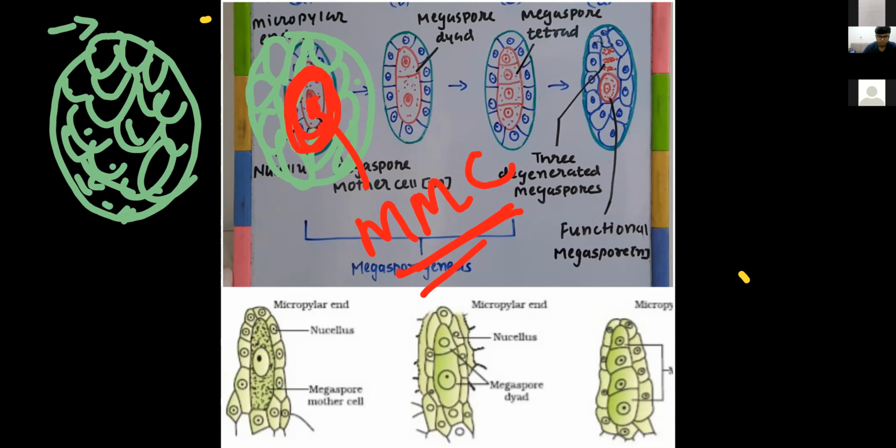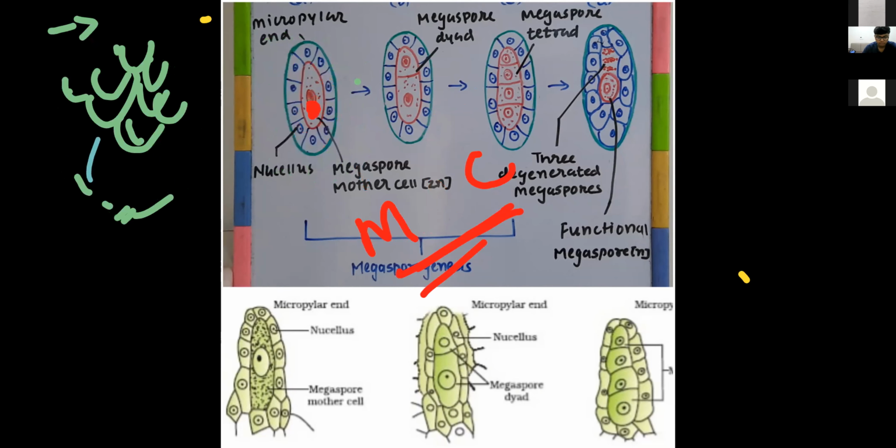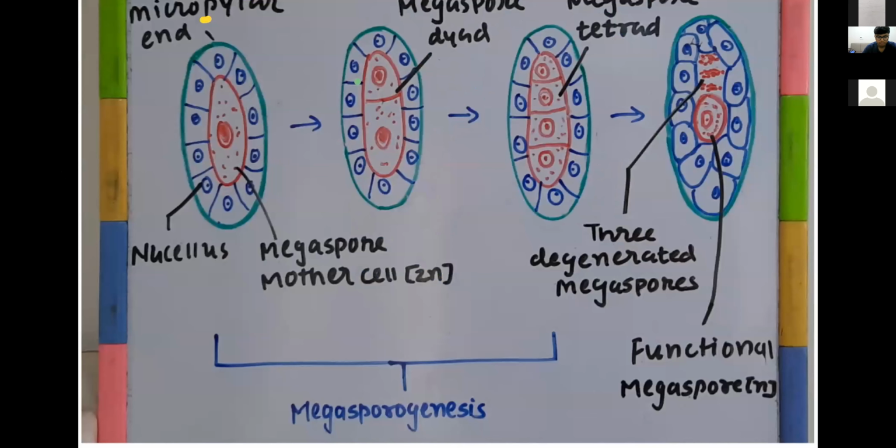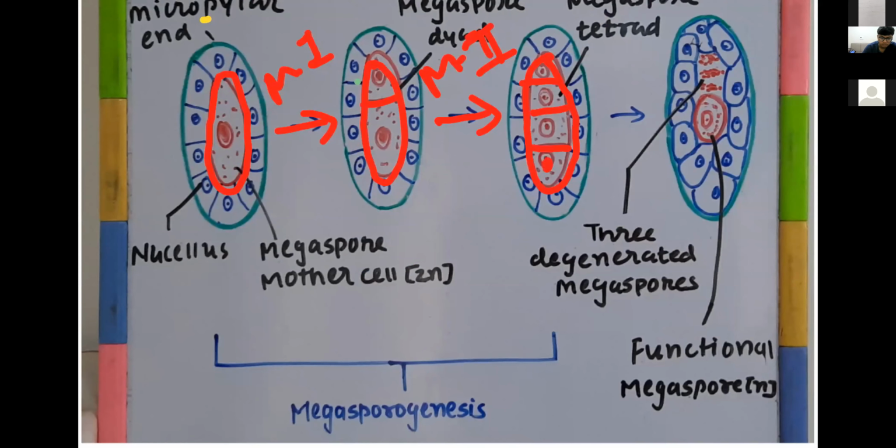And it is this particular cell within the nucellus that will undergo meiosis. Meiosis, you know, reduction division number 1 and reduction division number 2. This results in the formation of 4 haploid megaspores within the nucellus through this meiosis.